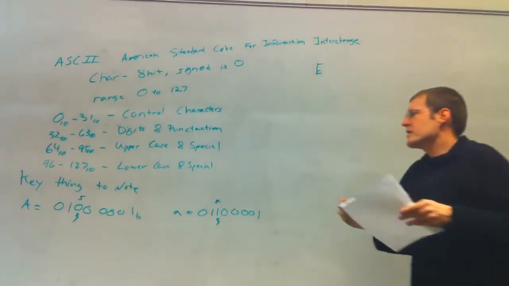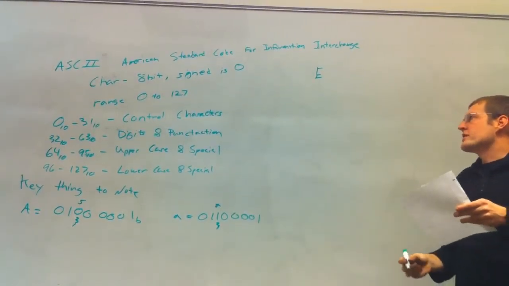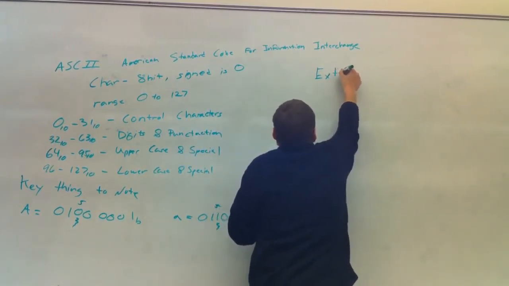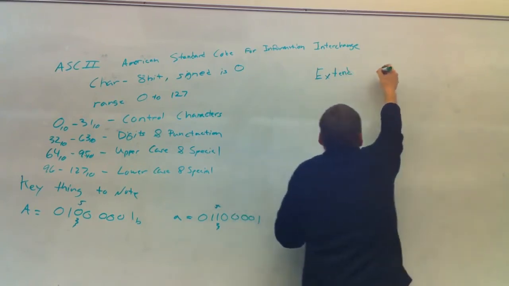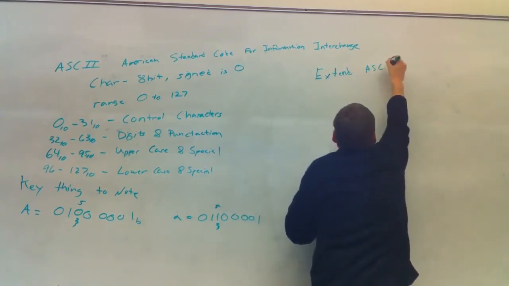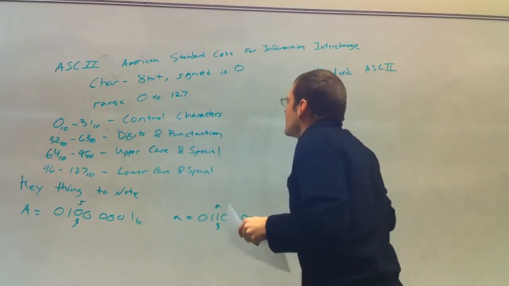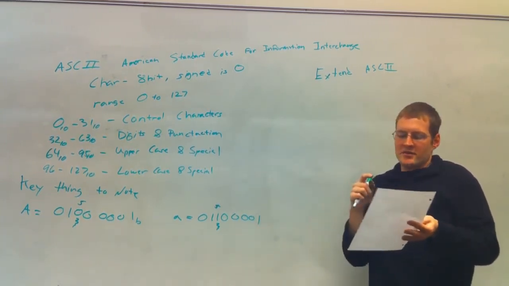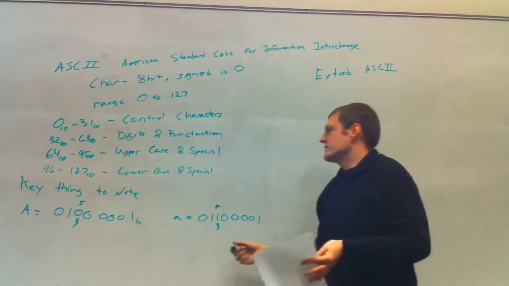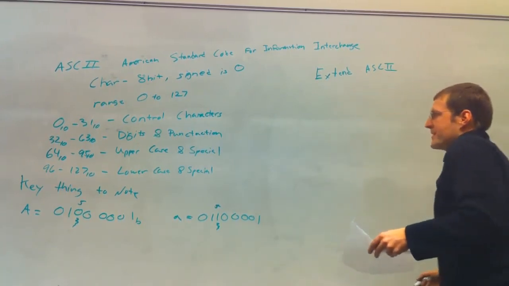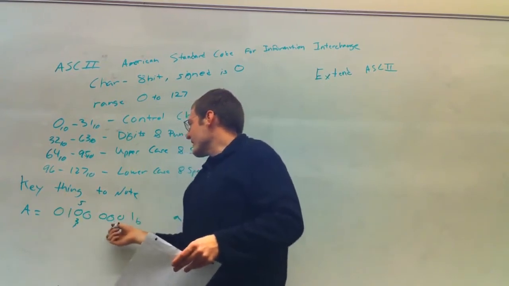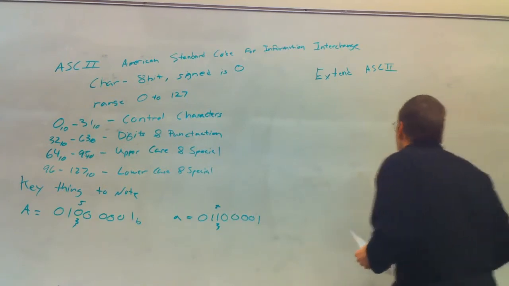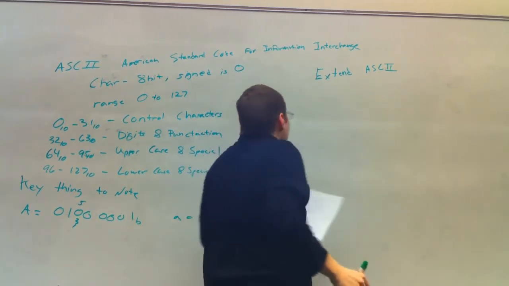Because some people didn't think 127 characters was enough, we created the extended ASCII. This is not standardized. Basically, 0 through 127 is standardized. These are the same for all architectures that you work on. If I do letter A in binary, it looks like that on everybody's. For the extended ASCII, what we did is we decided to use that sign bit.